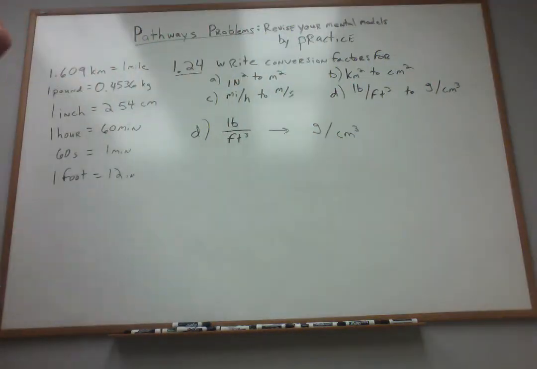And this is a conversion factor between pounds per cubic foot and grams per cubic centimeter. Now you've probably seen this grams per cubic centimeter unit before. Where do we usually see that? We see that when we're talking about densities, right? The density of lead or the density of water. 1 gram per cubic centimeter.